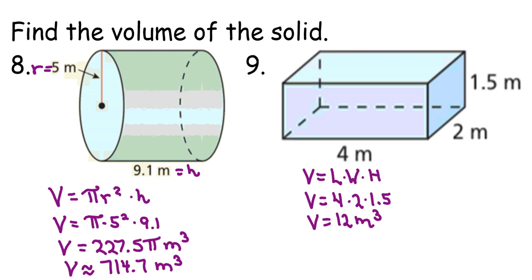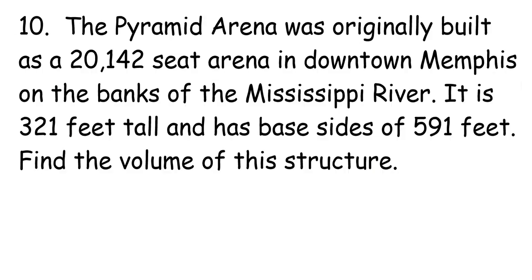Okay, so let's keep moving forward. In number 10, the pyramid arena was originally built as a 20,142 seat arena in downtown Memphis on the banks of the Mississippi River. So all nice to know, but not important information for what continues, and the last two sentences are the important ones.